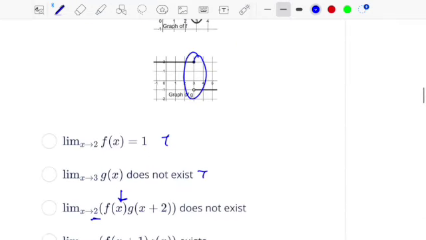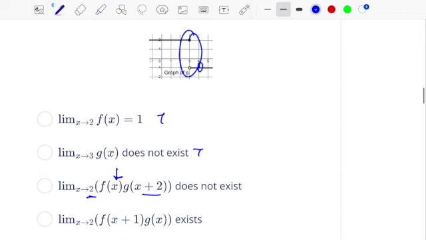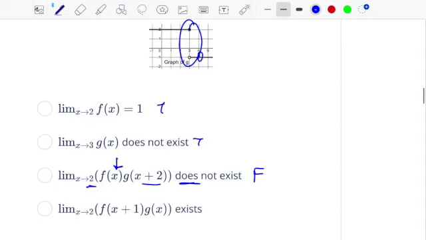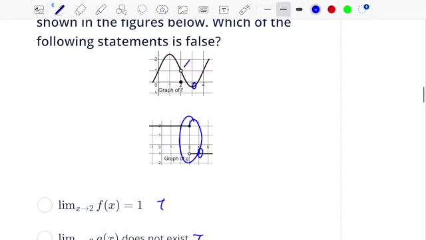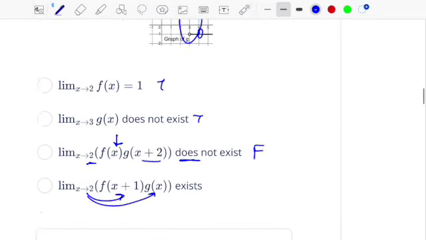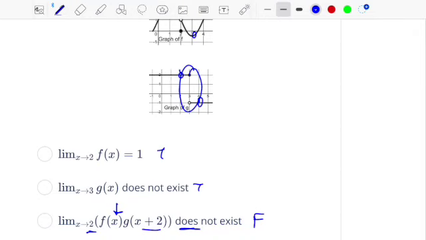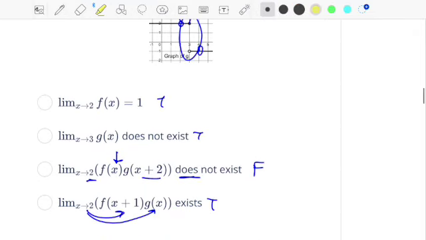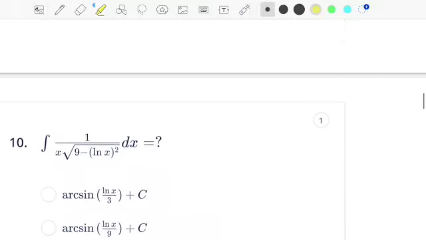Well, that exists. That's 2 plus 2, which is 4. That exists, so it's false that it does not exist. f of x plus 1: we go to 2, so if we plug in 2, that's 3. That's fine. And if we plug in 2, that's fine. So that is true. Double negative in there.